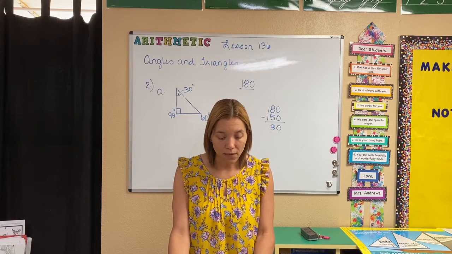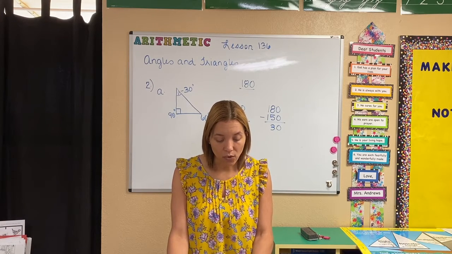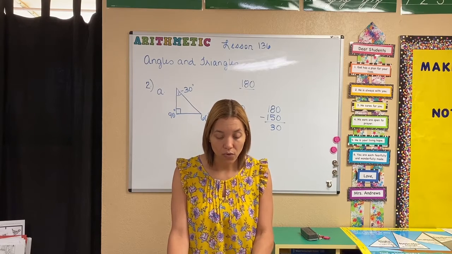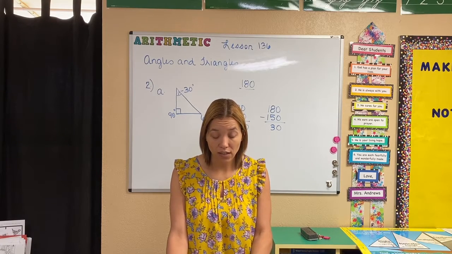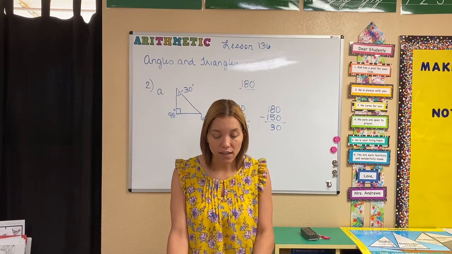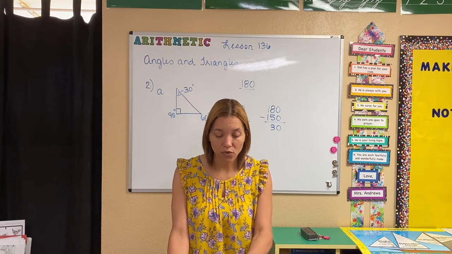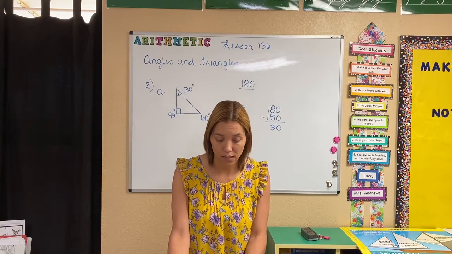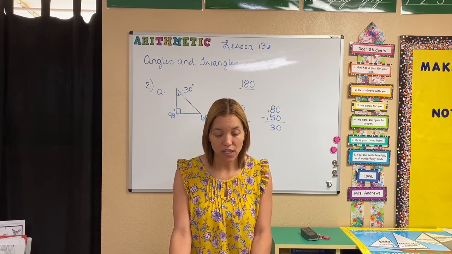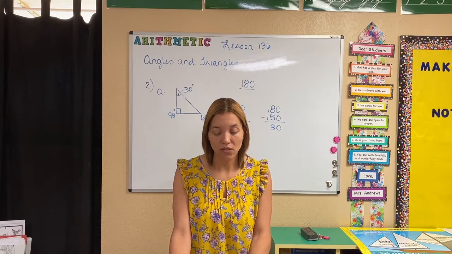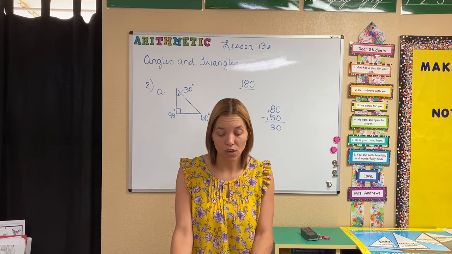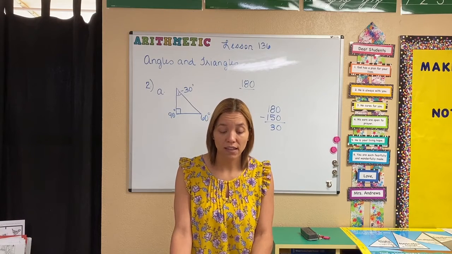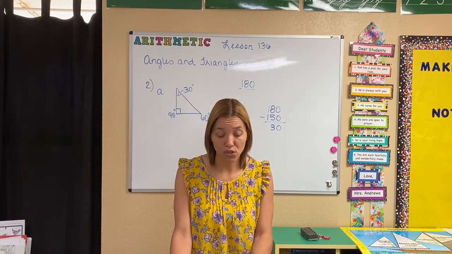For letter B, it says the sides are 3 inches, 3 inches, and 3 inches. If we look in our chart, it says that equilateral triangles have 3 congruent sides. So each side is 3 inches, and we know that's going to be an equilateral triangle because the 3 sides measure the same.